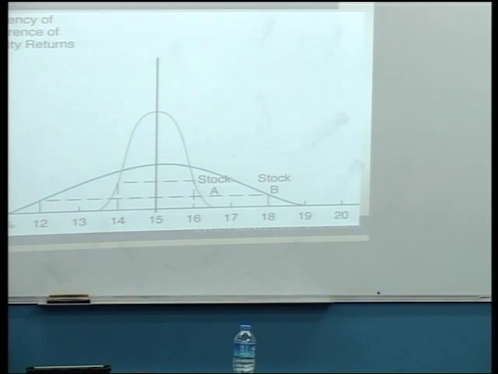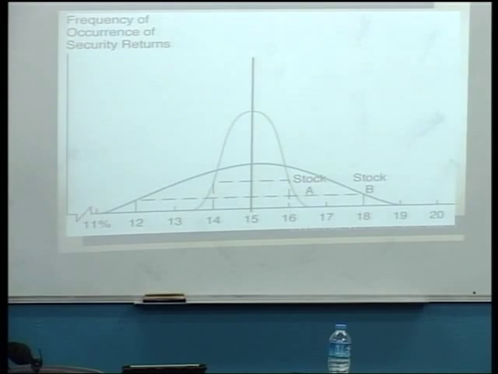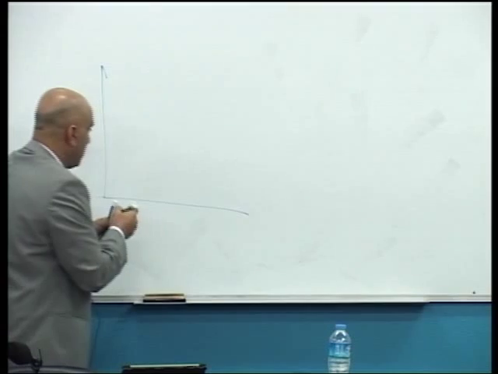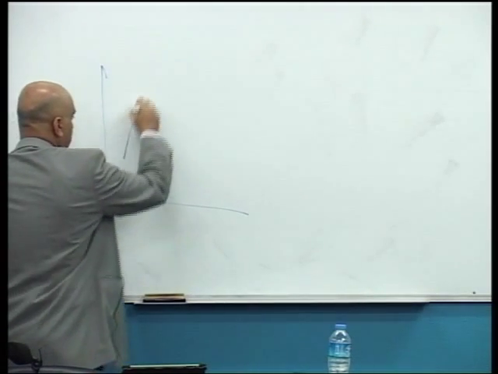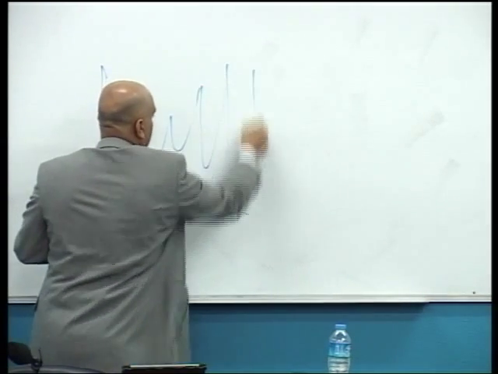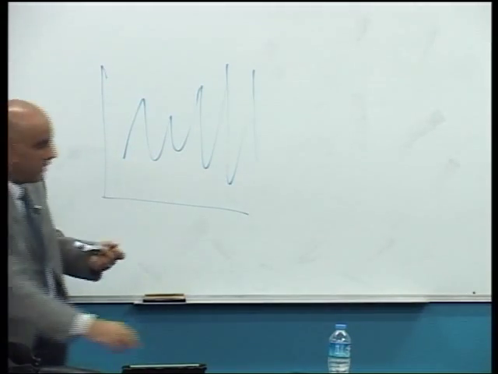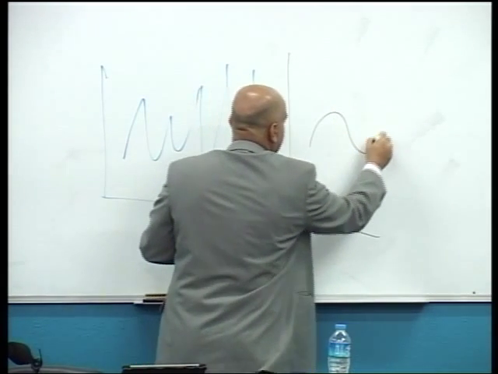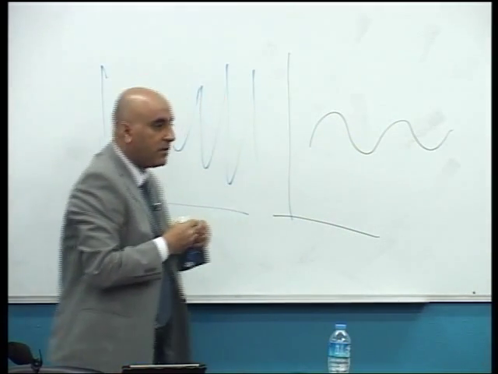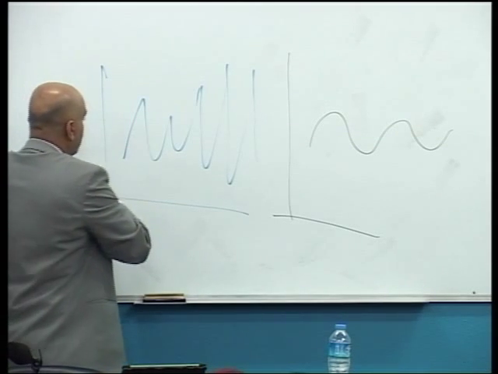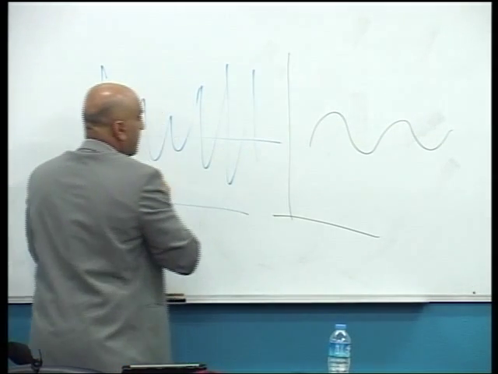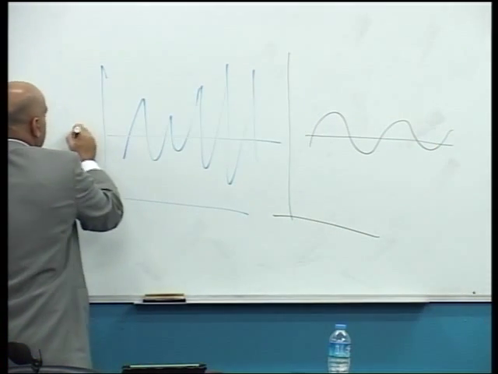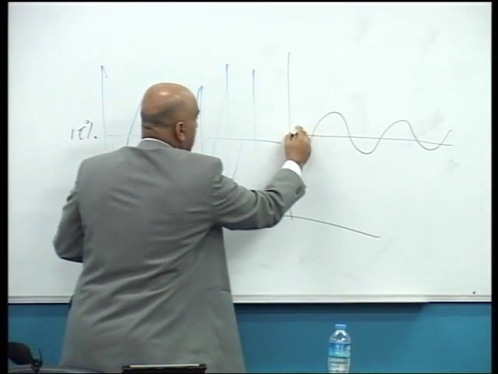Look at this chart. If we have stock A, for instance, is highly fluctuated, and stock B is less fluctuated. And if we take the average of stock A and the average of stock B, let's say this is 15% and this is 15%.